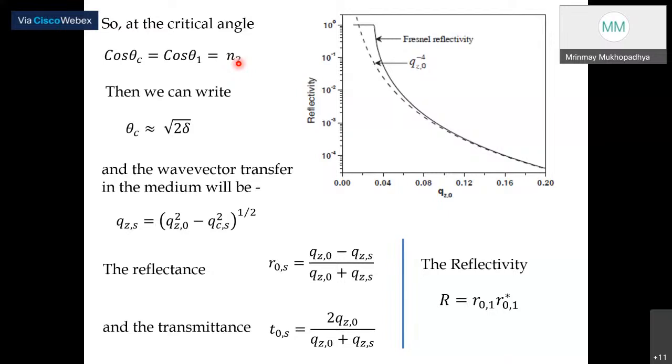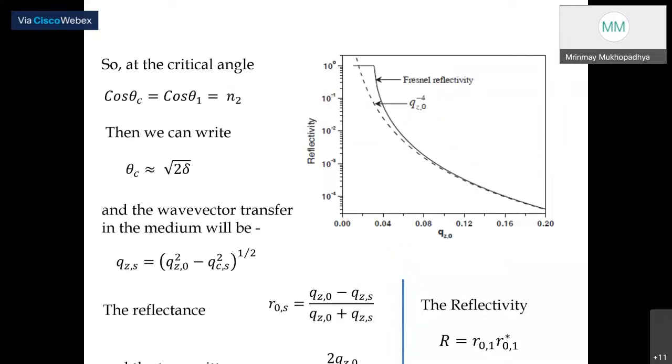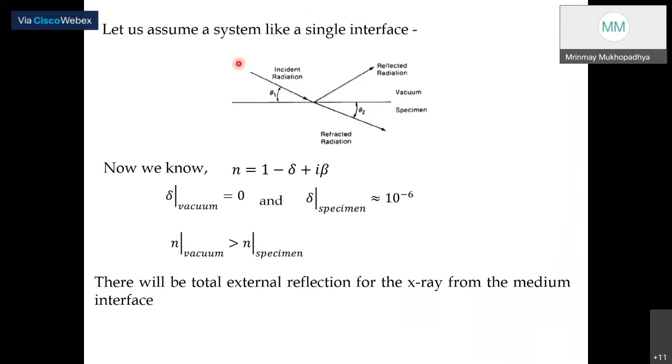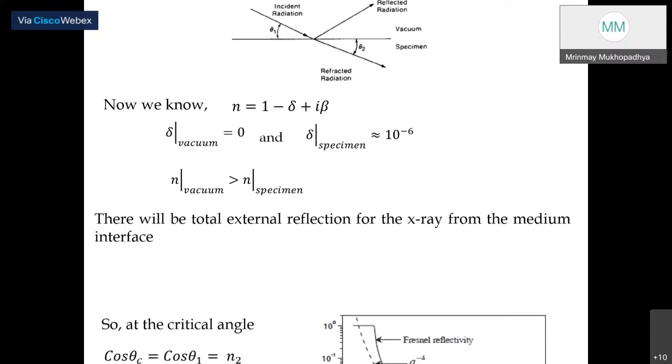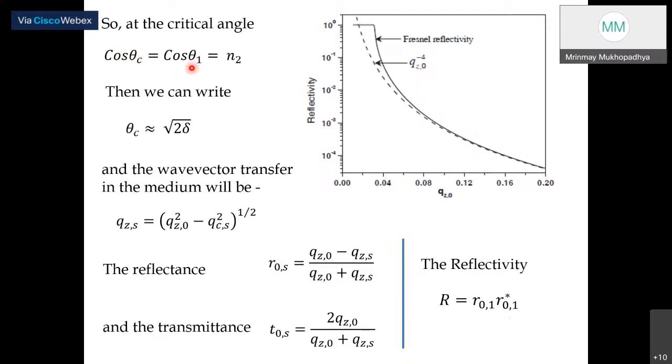But you must remember that in normal cases we calculate the angle from the vertical direction, whereas in this case we are calculating it horizontally. So instead of the sine function, it is now the cosine function. So cos theta c is equal to cos theta 1 is equal to N2.